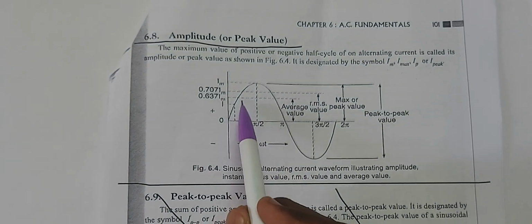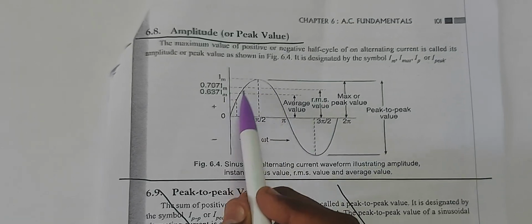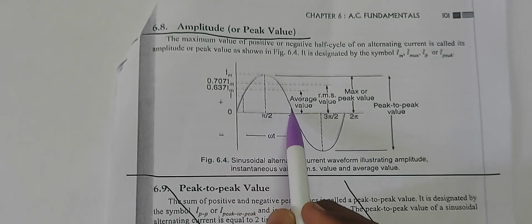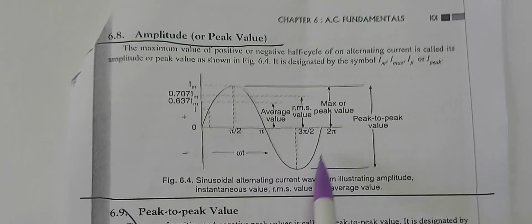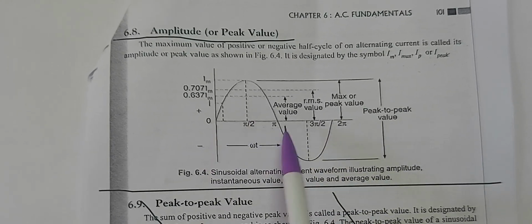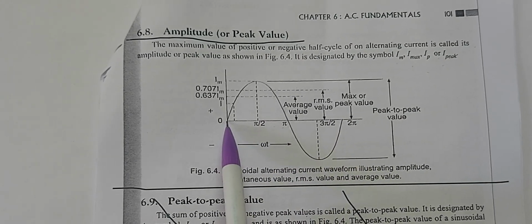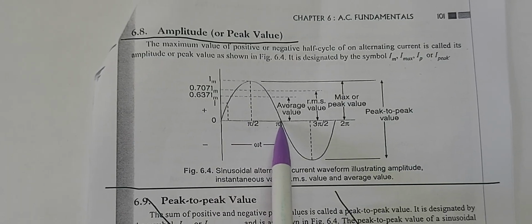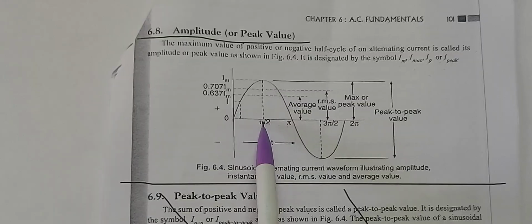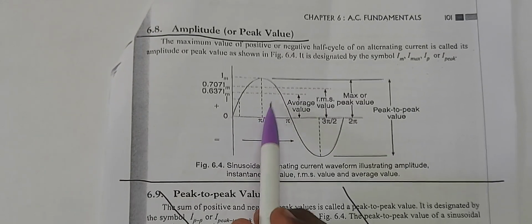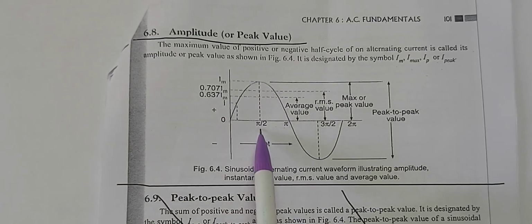The amplitude is the average value of half of the cycle, either positive or negative. How can we find it? Take only the first half, from 0 to pi. This is 180. If you want the half value, divide by 2, that is pi by 2.